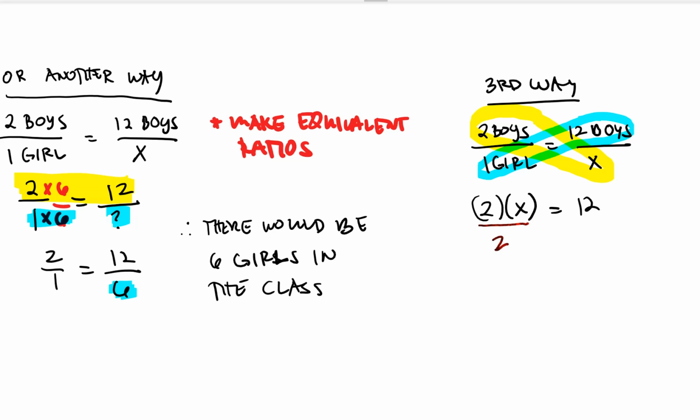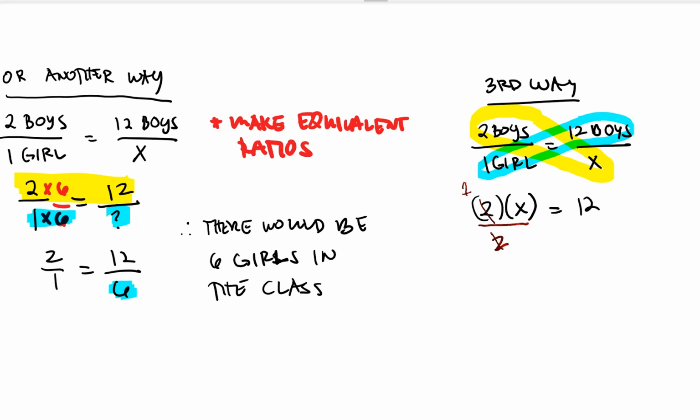That means I'm going to separate my x. So that means I'm going to make the coefficient of my x equal to 1. So 2 over 2 is just equal to 1.